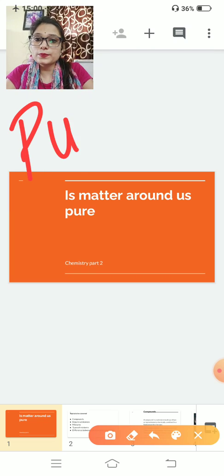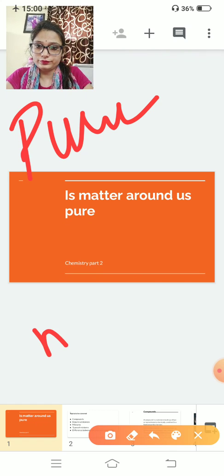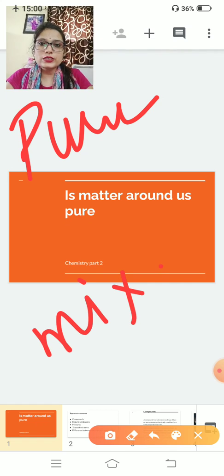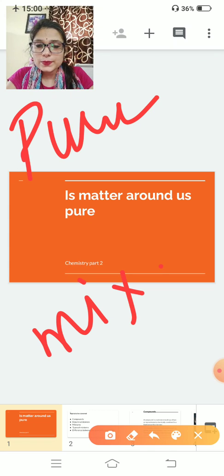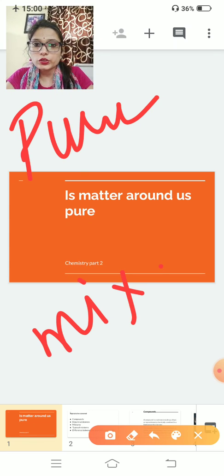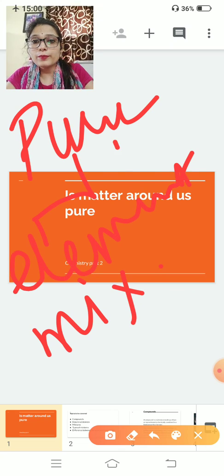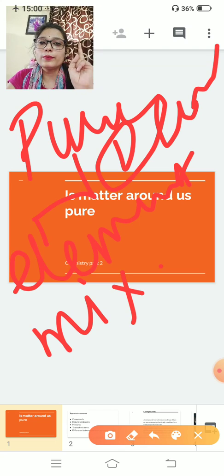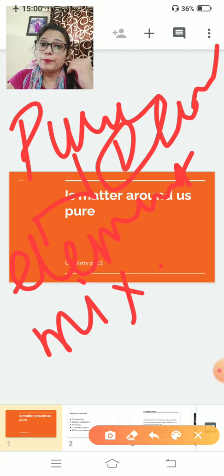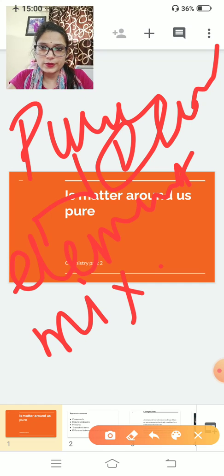One is pure substance and the second is mixture. Pure substance can be further classified into two types: number one, element, and number two, compound. And mixture can be further divided into two parts: one is homogeneous mixture and one is heterogeneous mixture.